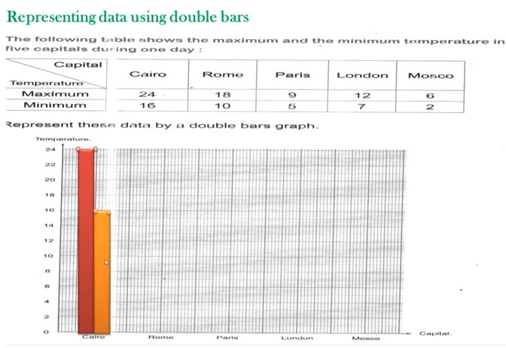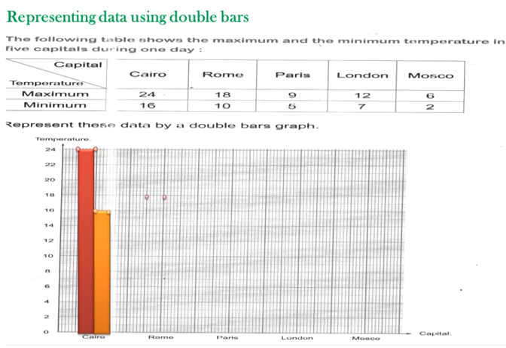Then we have presented Cairo by a double bar: the red represents the maximum and the orange represents the minimum. We must make a difference between the two bars, in which red refers to maximum and orange refers to minimum.